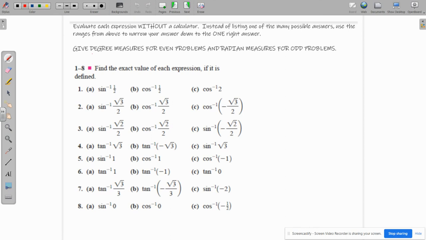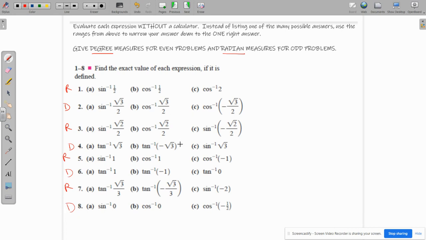So I want you to give degree answers for our even problems, 2, 4, 6, and 8, and radian answers in odd problems. I'm going to ask you to pause the video, or if you want me to walk through, you can listen for another minute, but I want you to try them on your own before you check them with my key.